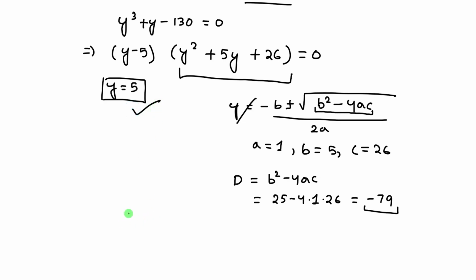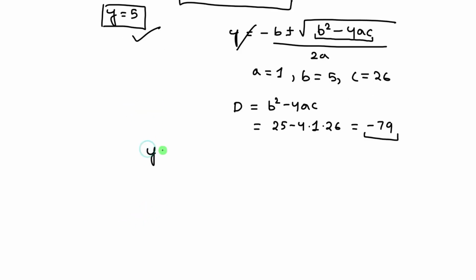Now, as we have taken y equals 2 to the power x, we'll put the value of y as 5, so 5 equals 2 to the power x. In order to find the value of x, we need to take log both sides. So log of 5 equals log of 2 to the power x.